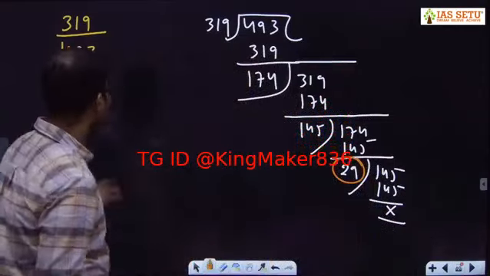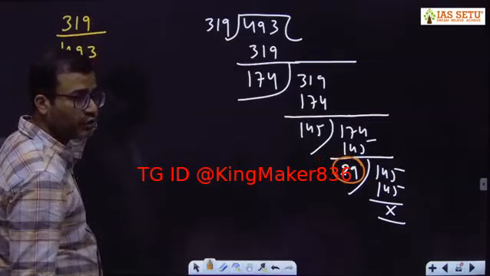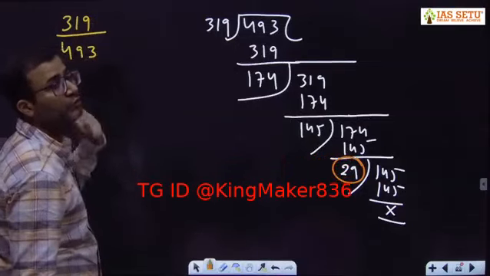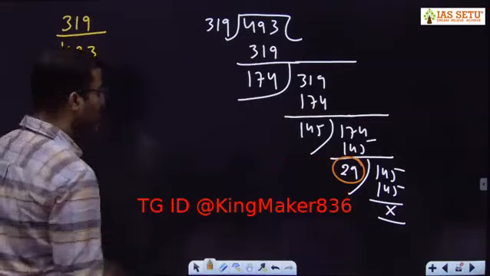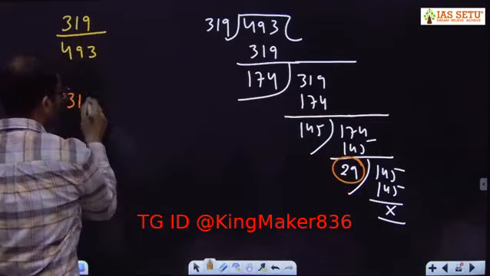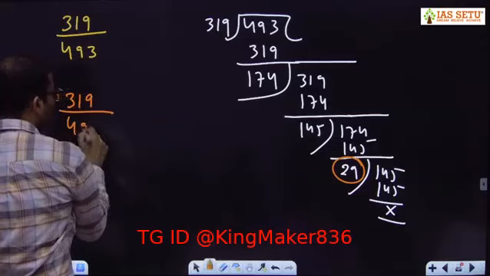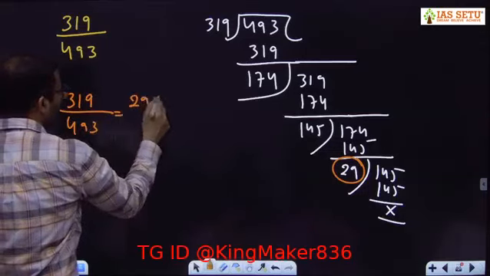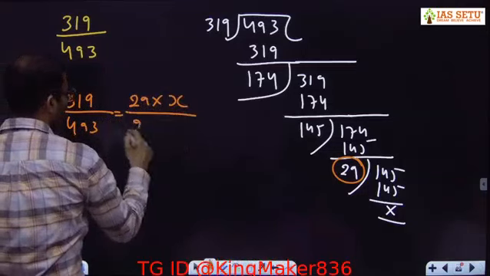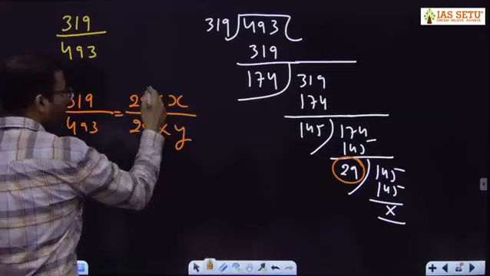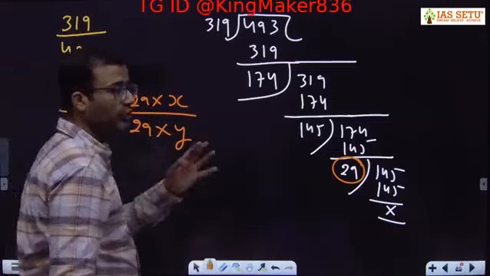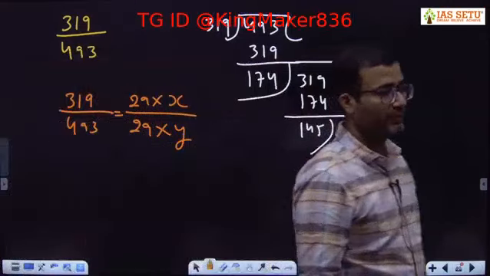It means this number has 29 as a common factor, and this number also has 29 as a common factor. It means we can express 319 upon 493 as 29 into x upon 29 into y. 29 cancel out. Your answer will be x upon y.